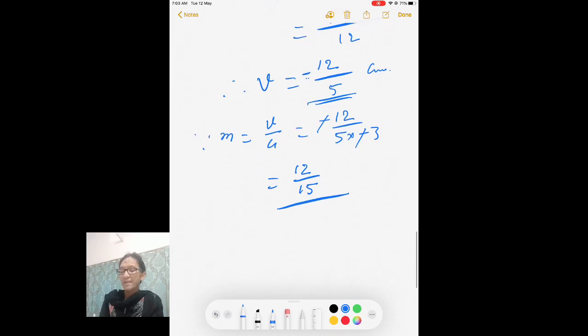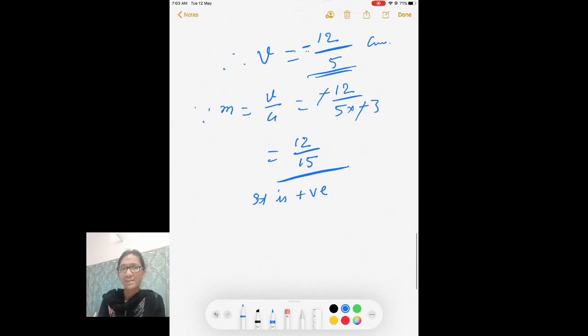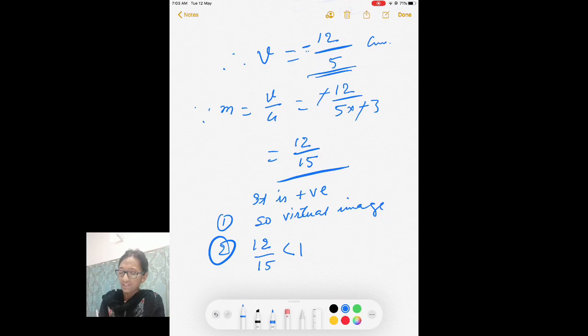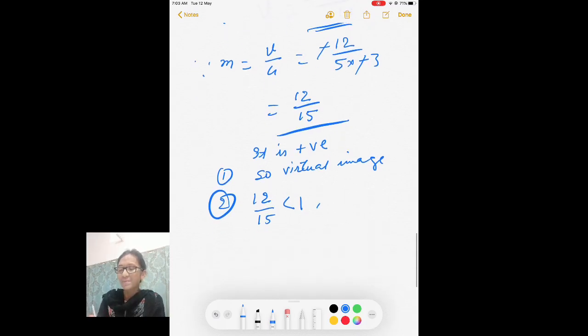So magnification comes positive, so virtual image. Number 1 thing. Number 2 thing, you know the value 12 by 15 is smaller than 1, so diminished image.